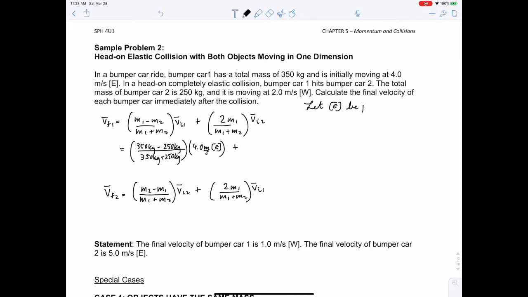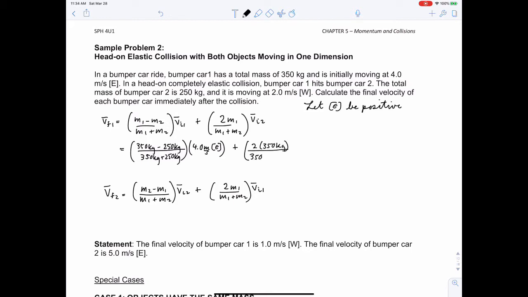It's a good idea to establish convention, and in this case, we're going to make east positive. We often just skip this step, and that's okay as well. But just make sure that you're acknowledging direction, especially when using the conservation of momentum, which requires direction.